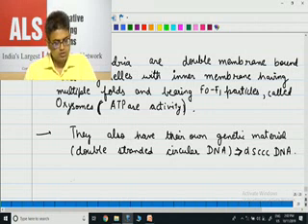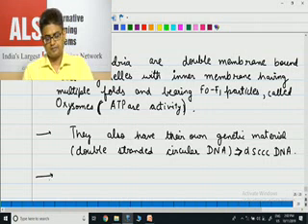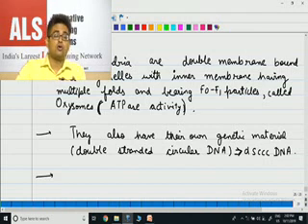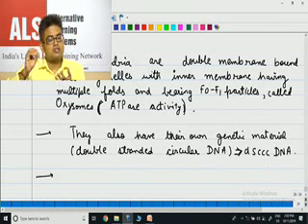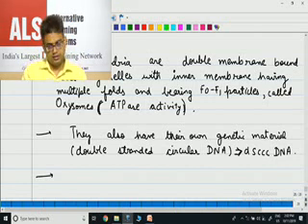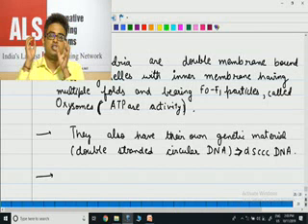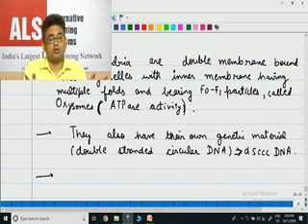All right. So one more thing is mitochondria number. It is highly variable. Mitochondria number depends upon how many organelles this cell requires. If this cell is going to produce a very large amount of energy, then we need to produce a very large amount of mitochondria.